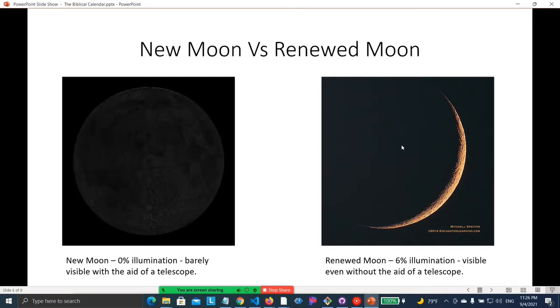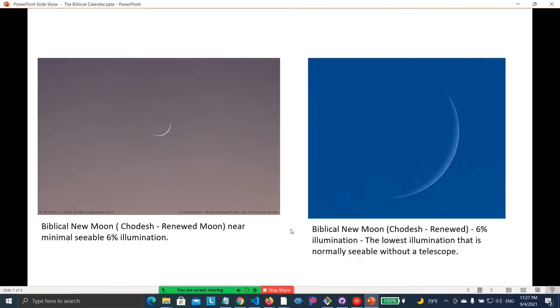This one's also with a telescope. It's 6% illumination, and you can see how it's like a long curved, really skinny banana, or a pepper with pointy ends, a very thin crescent. But it's visible even without the aid of a telescope. Now here are a couple of pictures of them actually in the sky.